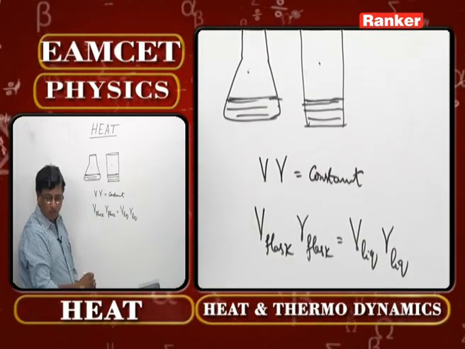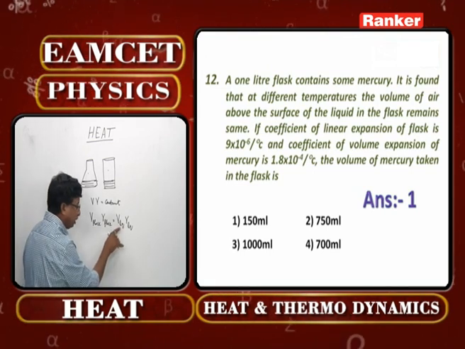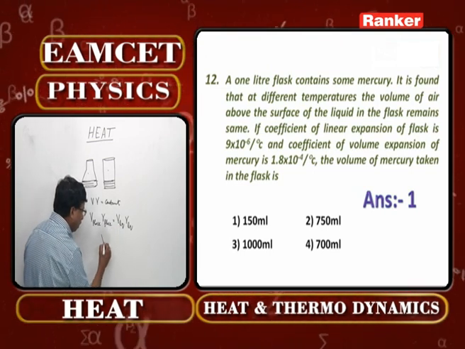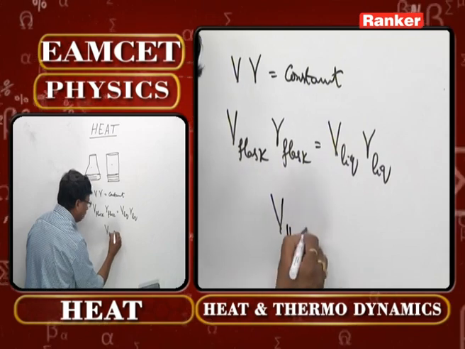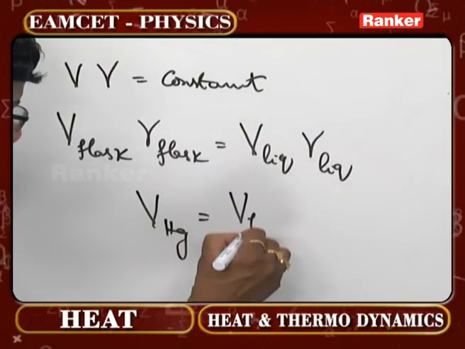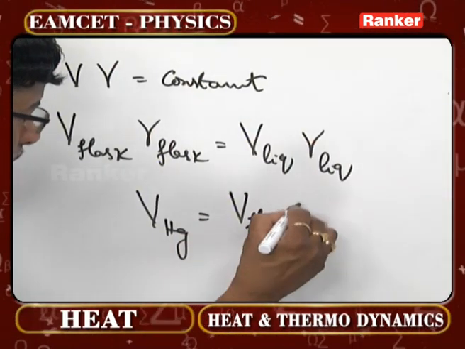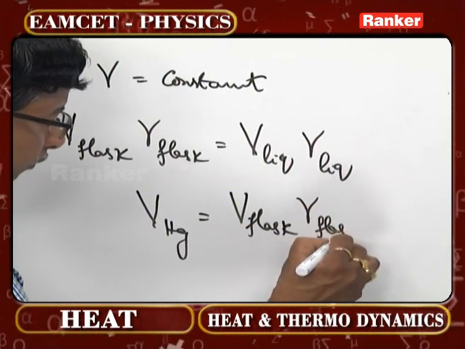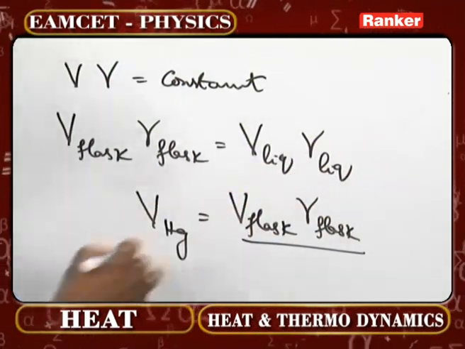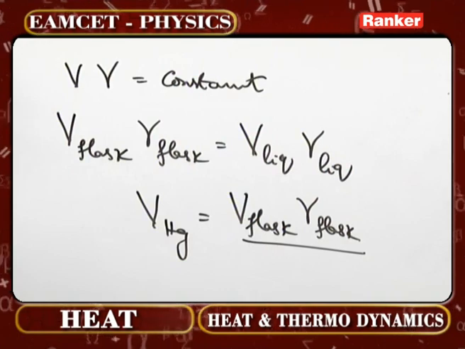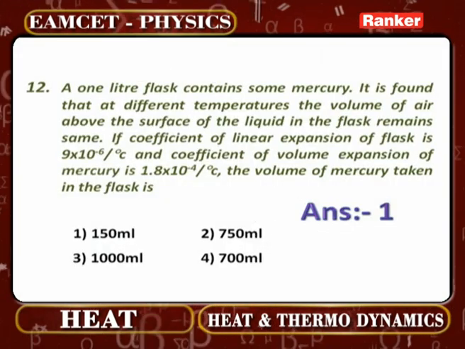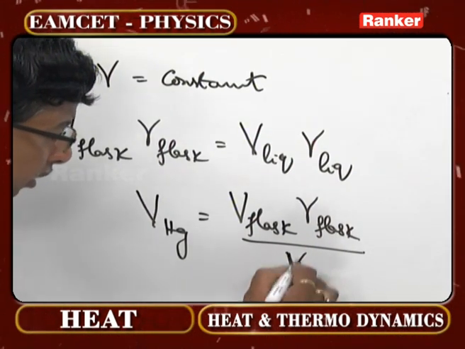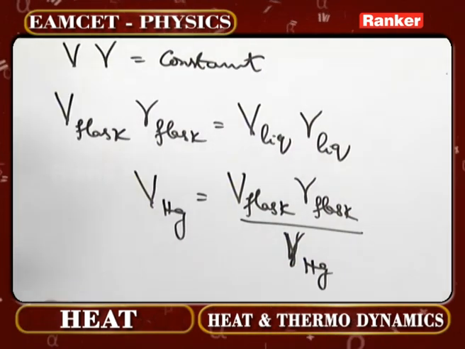His question is, what is the volume of mercury that is taken? When you want the volume of mercury, it is volume of the flask into gamma of the flask divided by gamma of the liquid. What are the values he has given you? Gamma of the liquid is nothing other than gamma of mercury in this case.